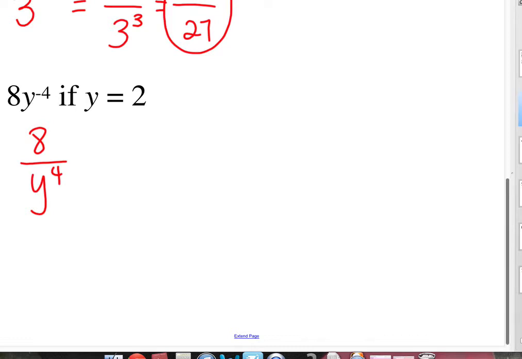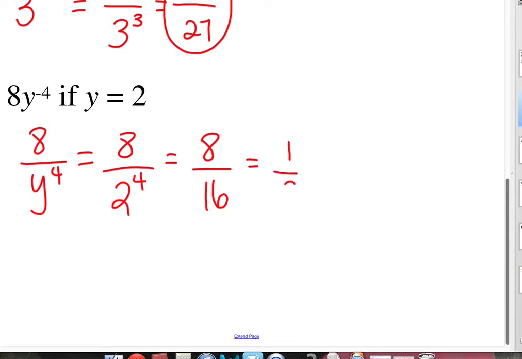Now let's plug in our value for y. Y is 2 to the 4th power. 2 times 2 times 2 times 2 is 16. And 8 over 16 is 1/2 when simplified. Yay!